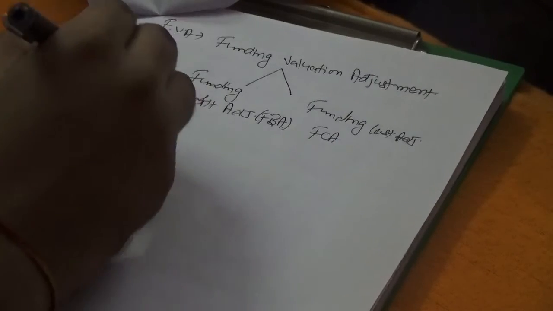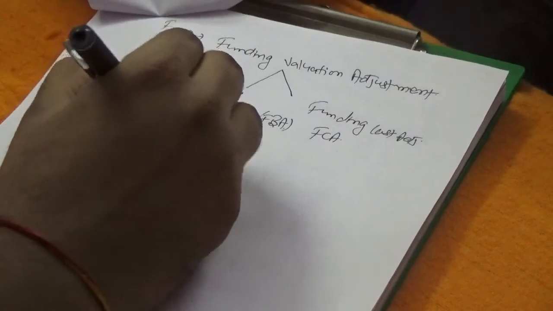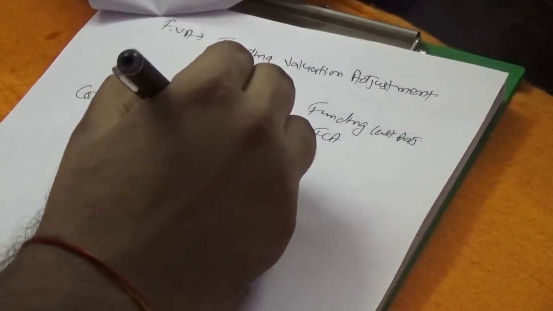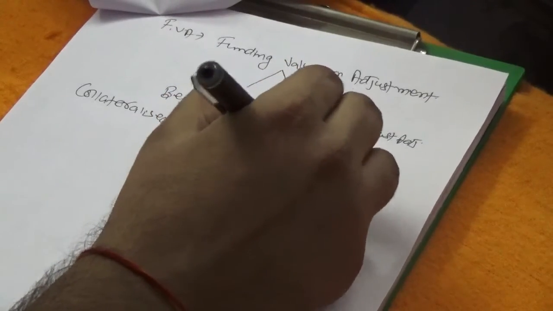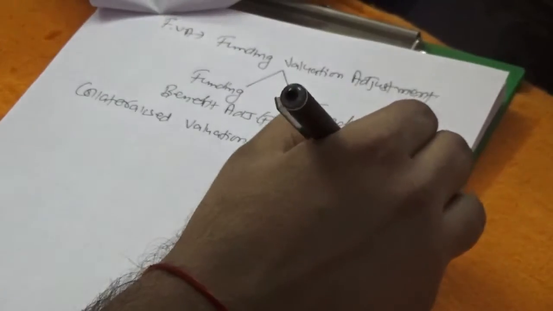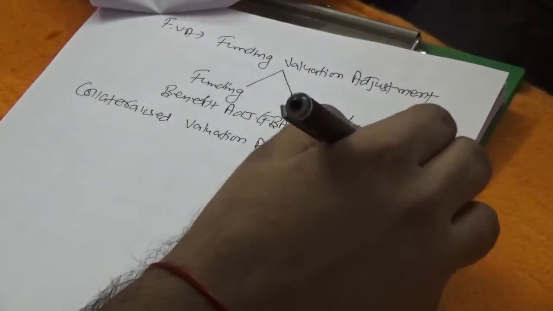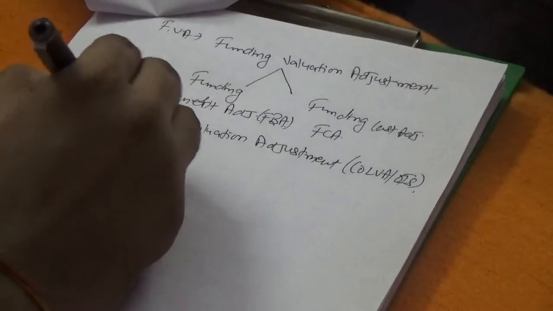Another term is collateralized valuation adjustment, COLVA, and OIS. OIS stands for overnight index swaps.